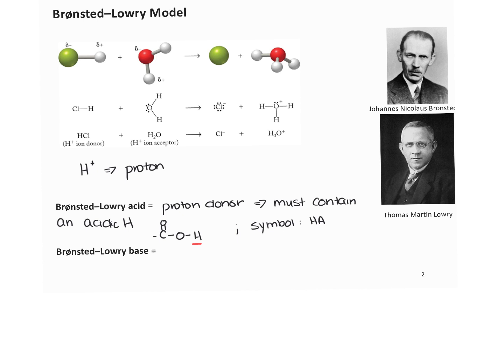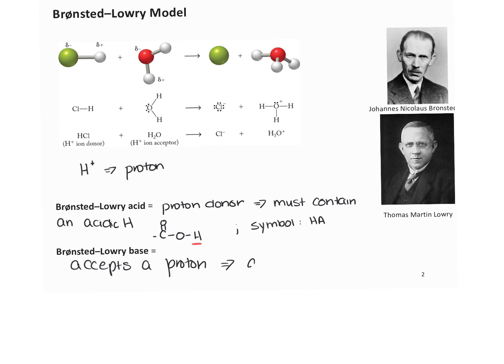So what happens here is that HCl gives its proton to water and becomes Cl minus. Now water accepts that proton to become H3O plus. So that means water here is accepting a proton, and that's a base. Okay. To be able to act as a base, it must contain an available electron pair that's available to form a bond.